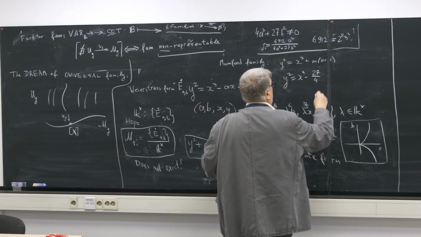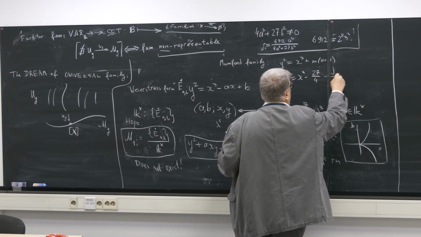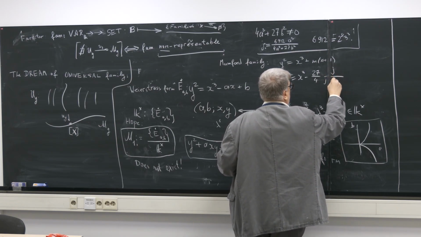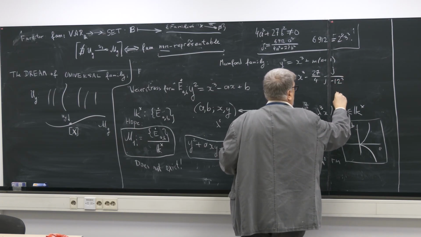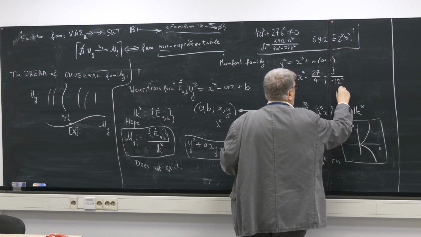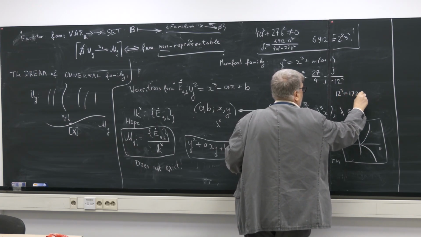And then we have J here and J minus 12 cubed. There is a holy number in the whole theory of elliptic curves.